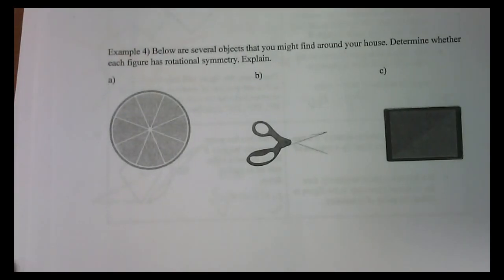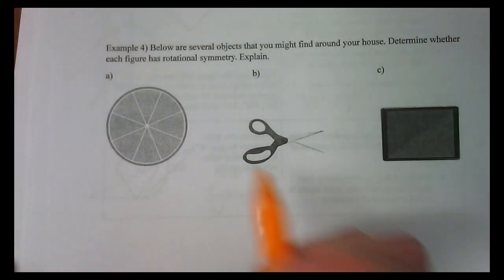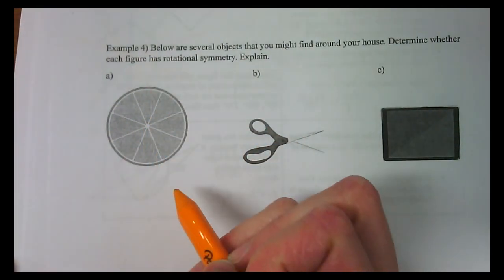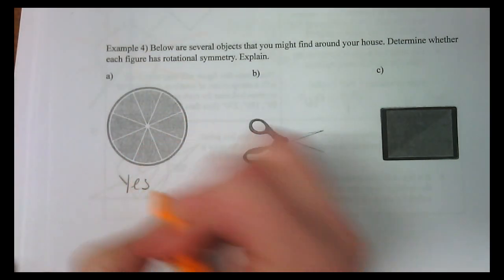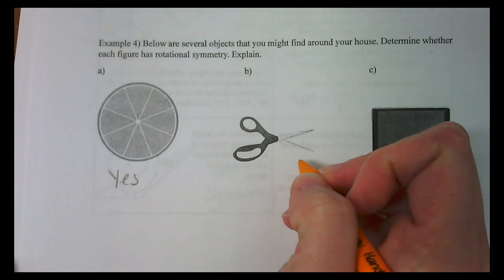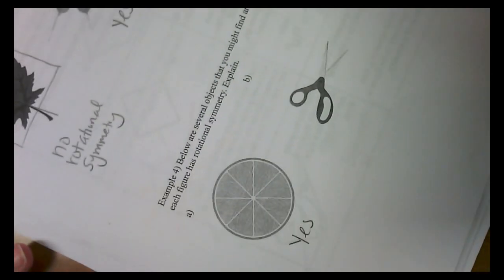Okay, example 4, it says determine whether it has rotational symmetry and explain. Same directions. Can we turn this orange slice around and it looks the same? So that's definitely a yes. These scissors, I cannot turn it around and it look exactly the same, right?